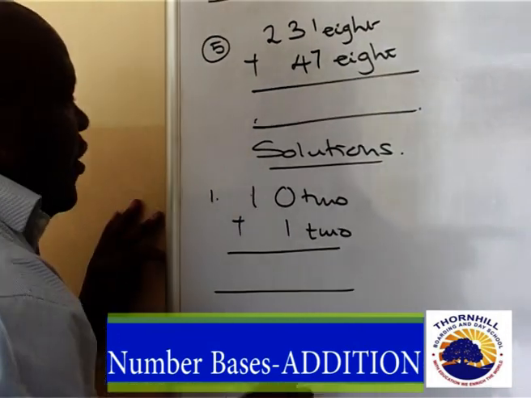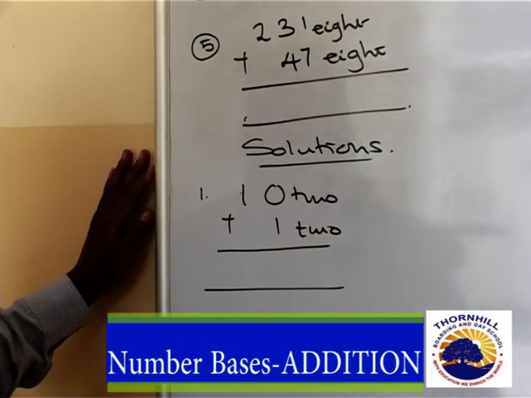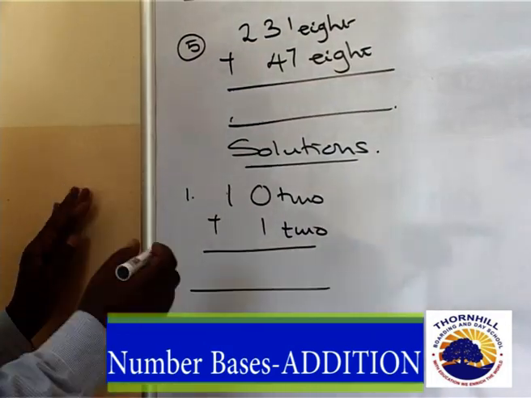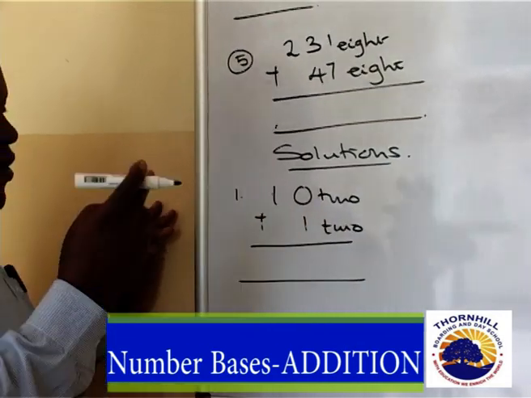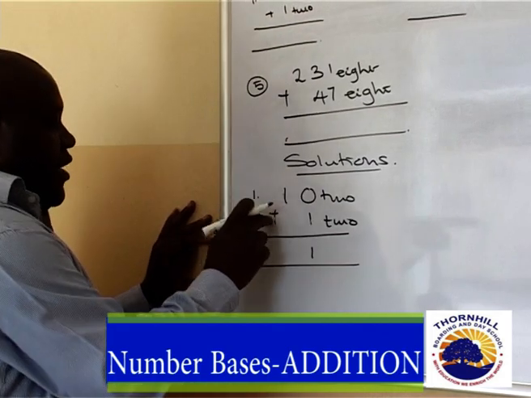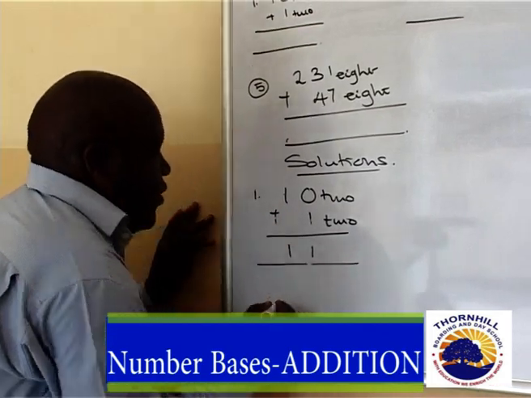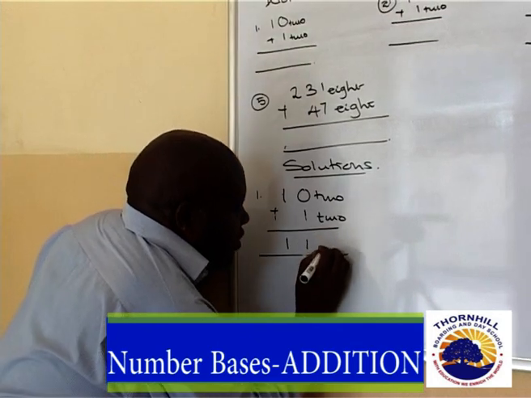In case you get it wrong, you still have to copy from there and work it out. So how do we go about adding this? We simply say 0 plus 1, we do the normal way of adding, gives me 1, and 1 plus nothing here, we have 1. So the answer is 1 in base 2.